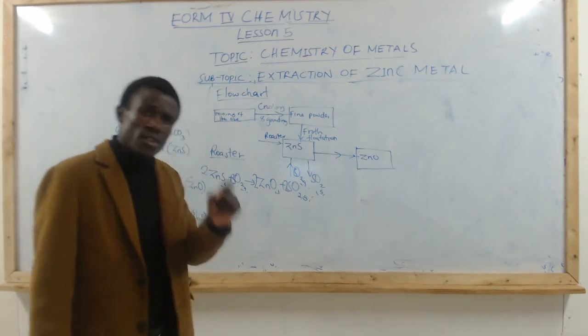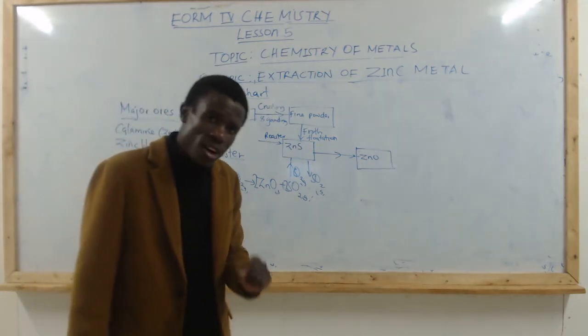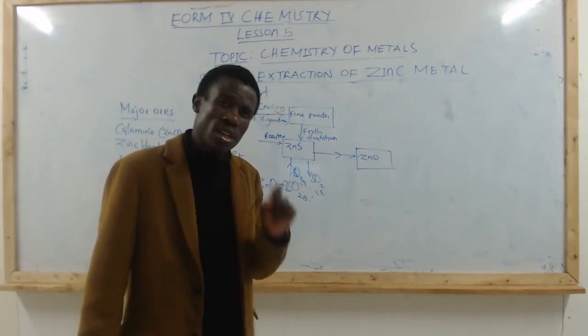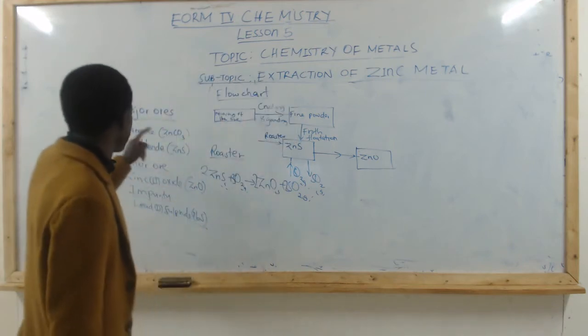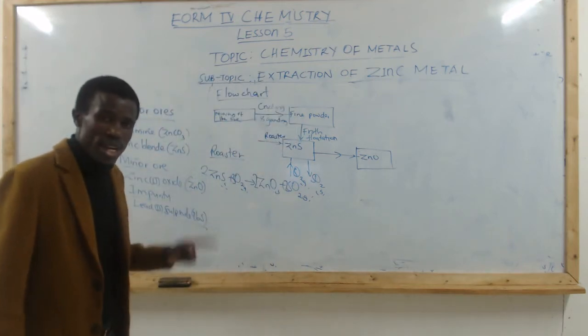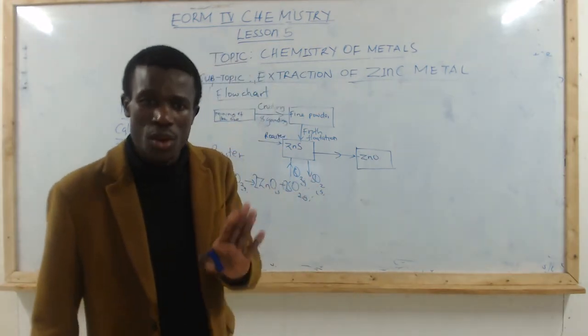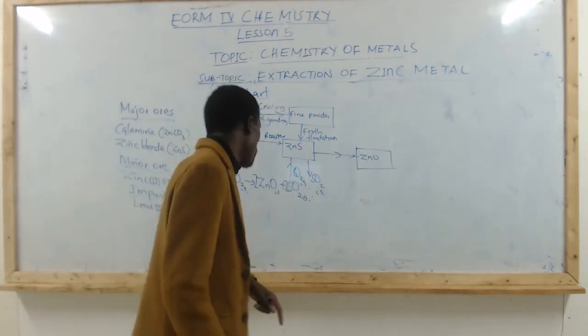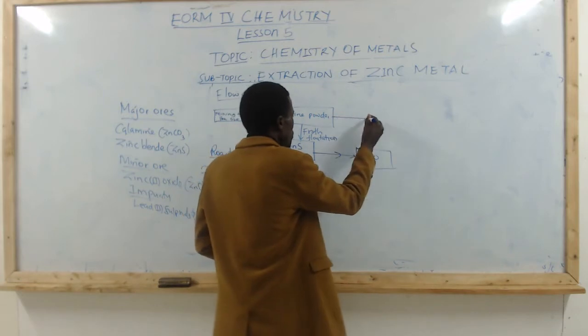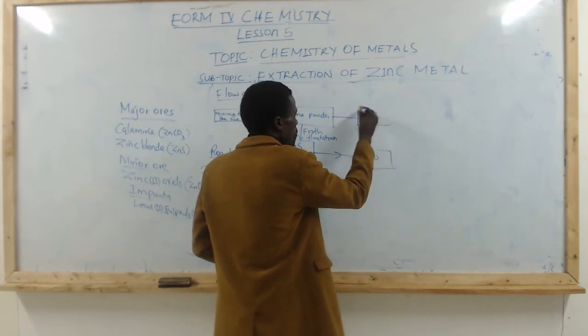But if the major ore involved in the extraction were, for example, calamine, calamine is zinc carbonate. It is also converted to zinc oxide through decomposition.